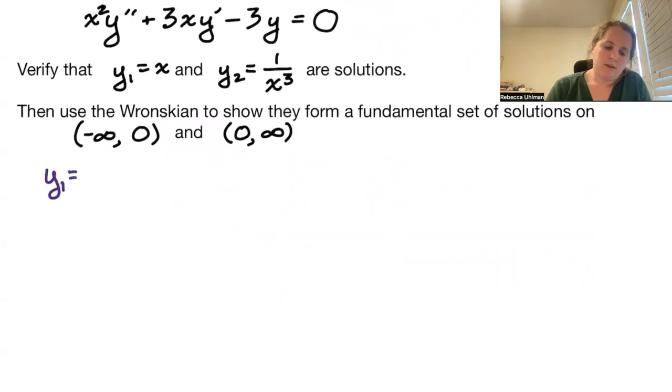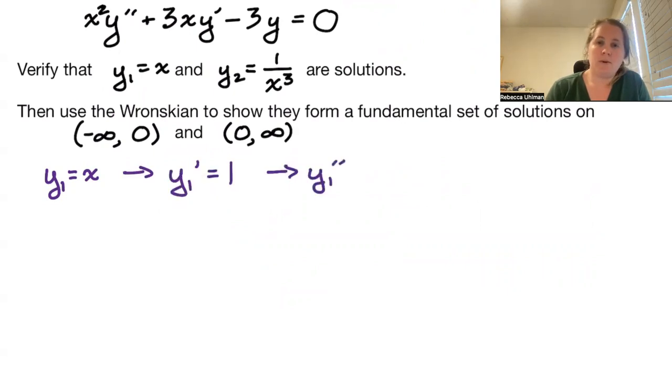So y1 equals x, then y1 prime is 1, and y1 double prime is 0.